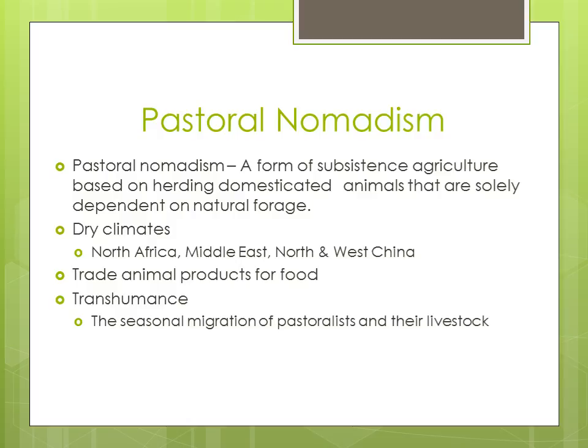So typically, they will use animal products, whether it is fur or hair that they shear off the animals, or milk, and trade that or sell that for food. Typically, the food is grain. Animal products in exchange for grain is largely what we see with nomadic pastoralism.